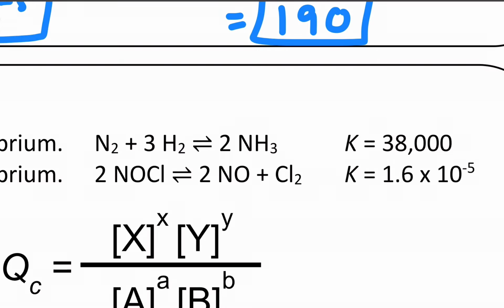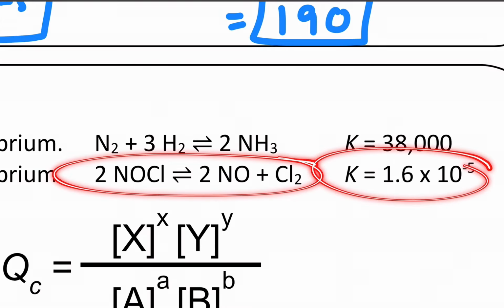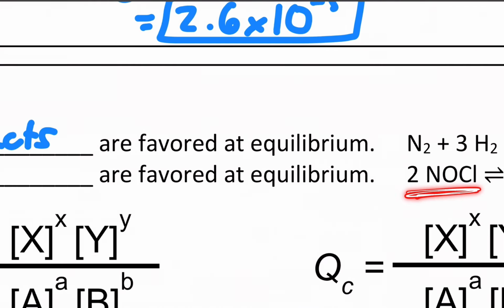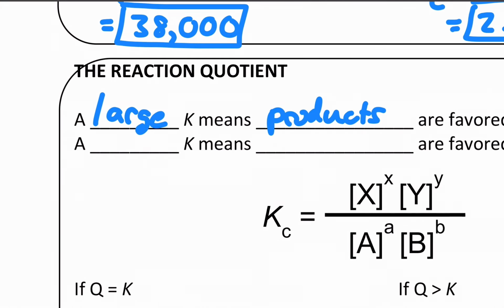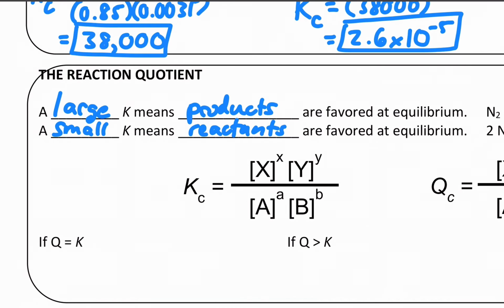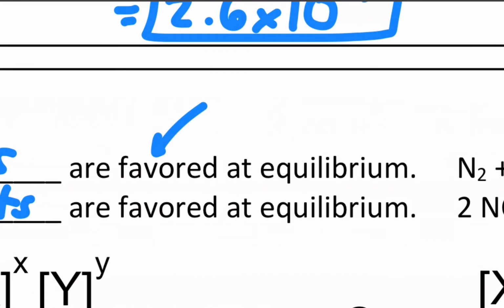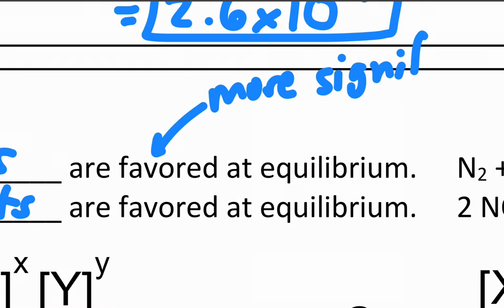And then likewise, a very different reaction with a much smaller K value would be very reactant heavy at equilibrium. So a small K value means that reactants are favored, are dominant, I should really say, are more significantly present. That's what I mean by favored.